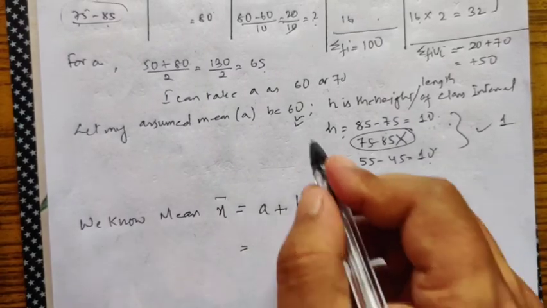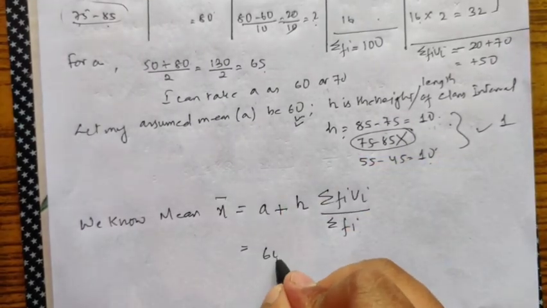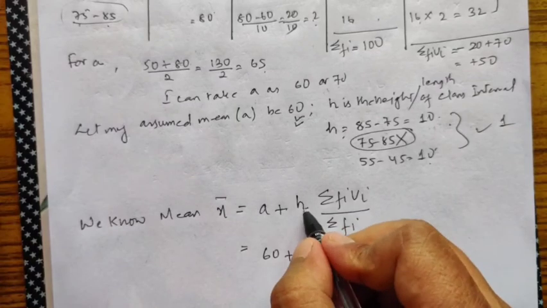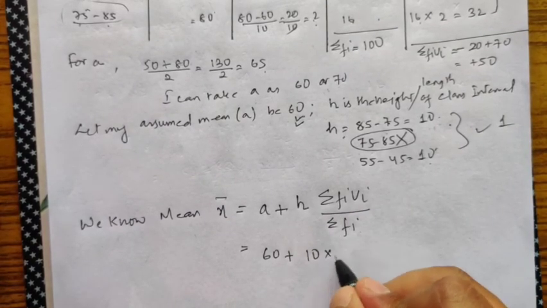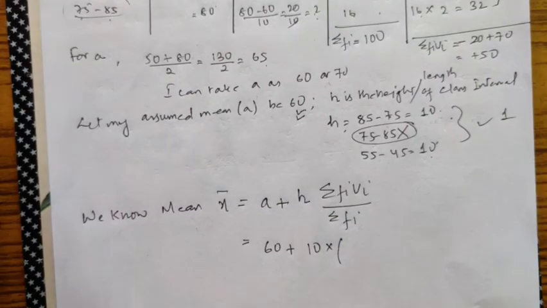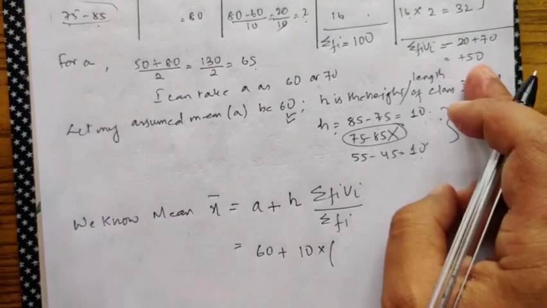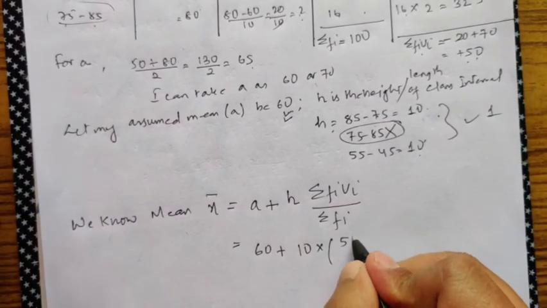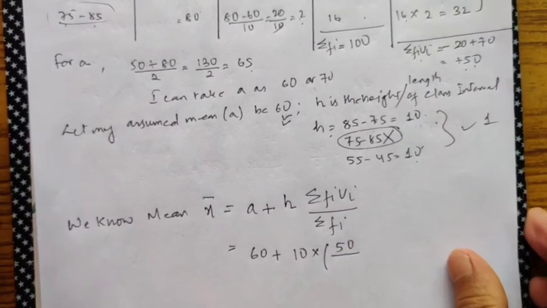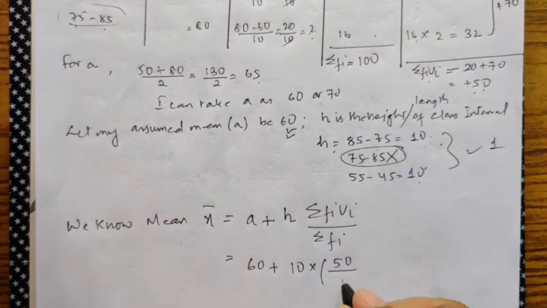Let's put the value of a. Our value of a is 60. What's the value of h? Our value of h is 10 into, I've already got my summation fi ui, 50, by summation fi, 100.